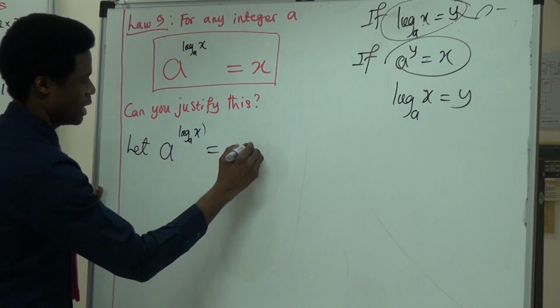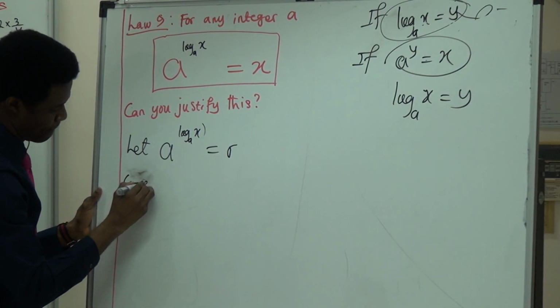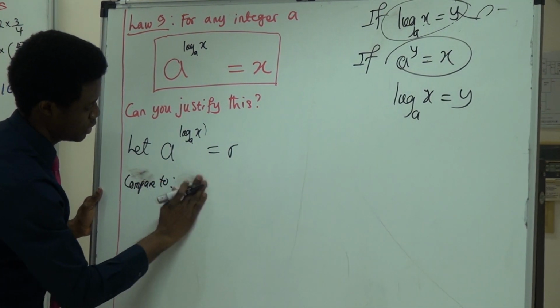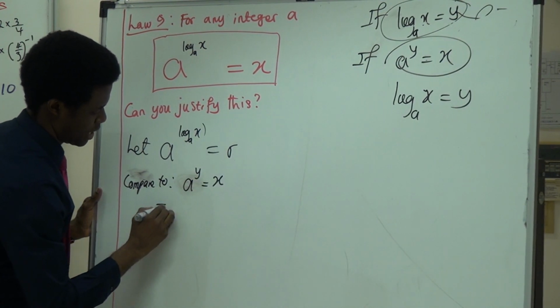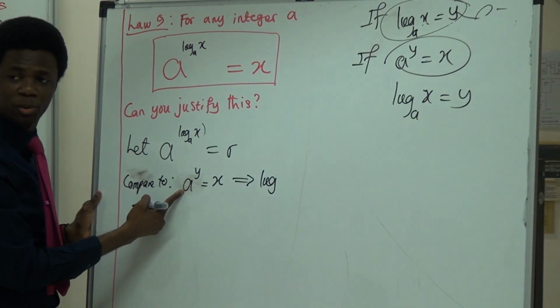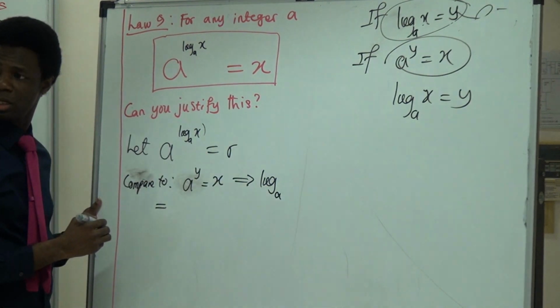So I would say compare to a to the power y equals x implies what? Remember, the base is still the base of the logarithm in that form. That would be log base a, are you with me?